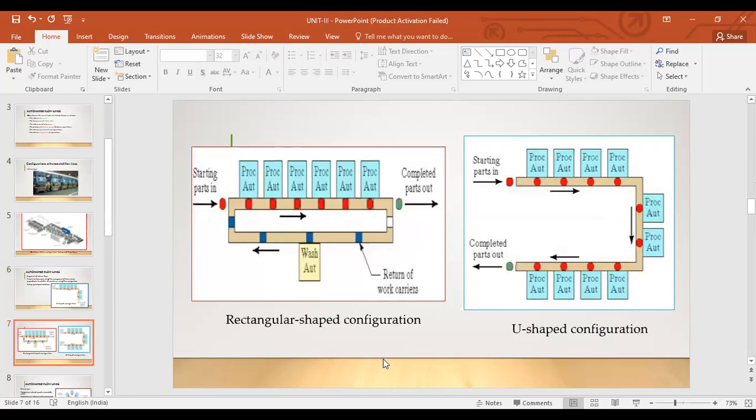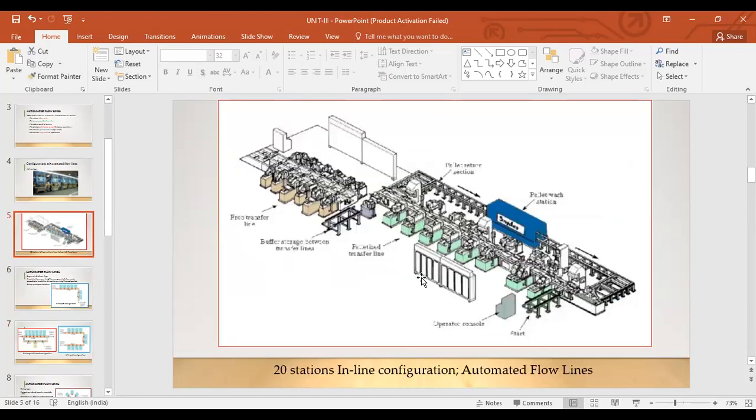And then you have another, rectangular and U shaped. This is what we were discussing, and we saw that example of the pallet washing station. This is basically your ladder type itself, not inline.